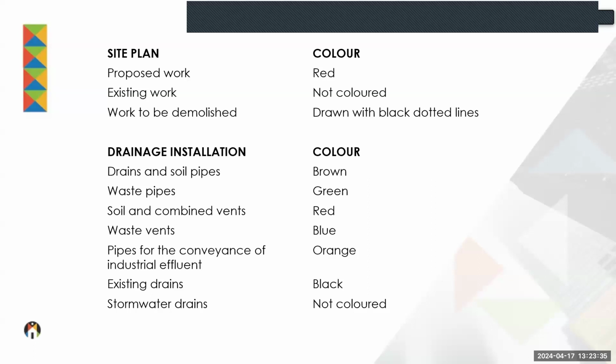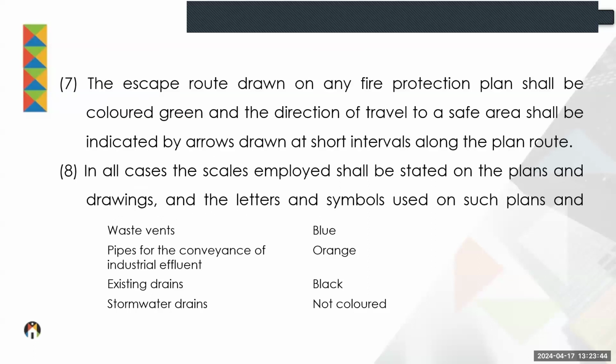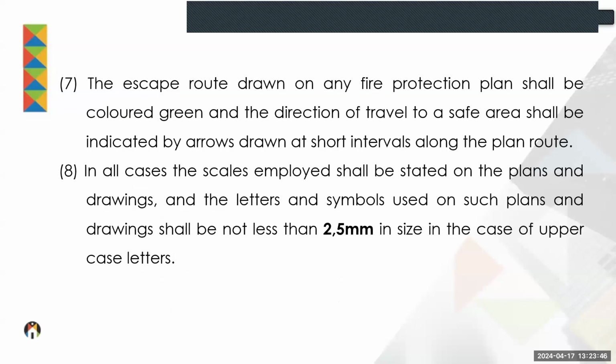So basically what it tells you is that drainage installation drawings are not just plans, but it might also be sections and elevations. Escape route on your fire protection plan, which is now not required for residential buildings, as you will see later on in part T, but that must be in green, indicating the travel area.